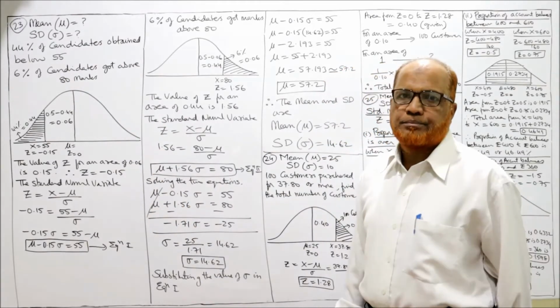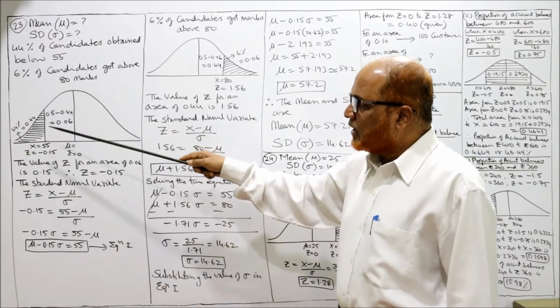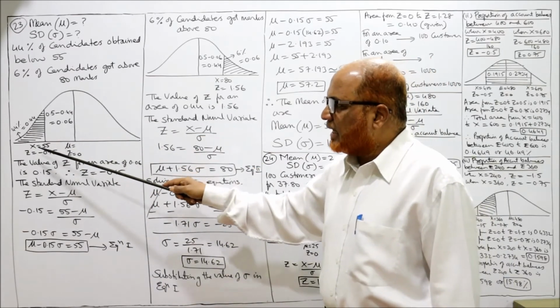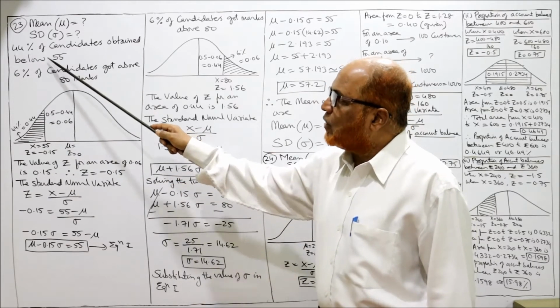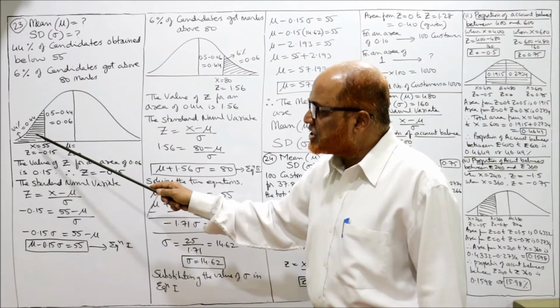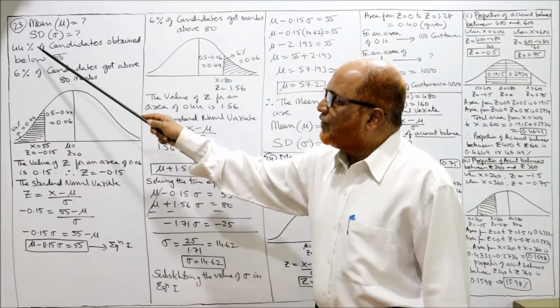55 comes on the left side, so we'll draw the normal curve on the left side and take x is equal to 55, because it is given below 55. Below 55 means this shaded region. This shaded region is 44%.